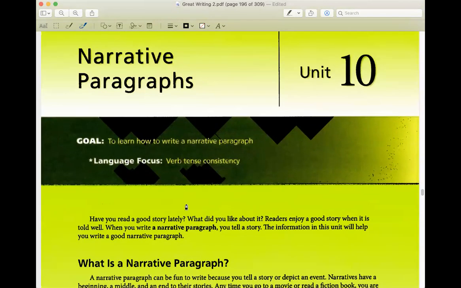All right, Unit 10, narrative paragraphs. What is a narrative paragraph? Well, when you hear this word, you should think of the word story. A narrative paragraph tells a story. A story.